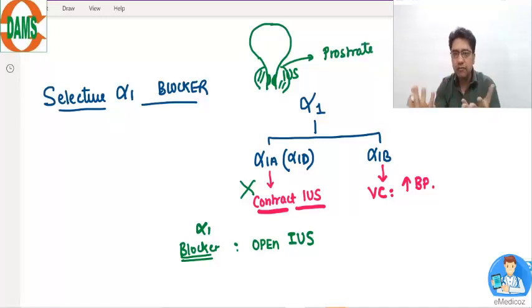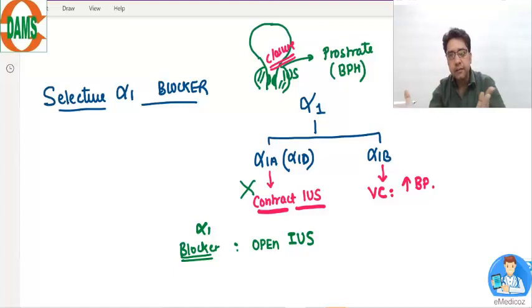If the size of the prostate increases, in a condition known as BPH, benign prostatic hypertrophy, there is closure of the internal urethral sphincter. Hence, you want to open it.